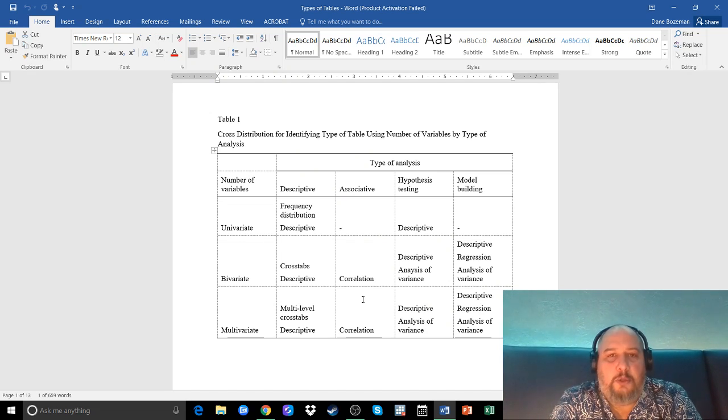Last question, who ignores these tables? Well, it kind of goes back to the discussion on who ignores frequency distribution tables. Because everybody builds a frequency distribution table at some point in their career, they have a tendency to ignore it. Because everybody's building descriptive tables, people also have a tendency to ignore them. And that can get you in trouble.